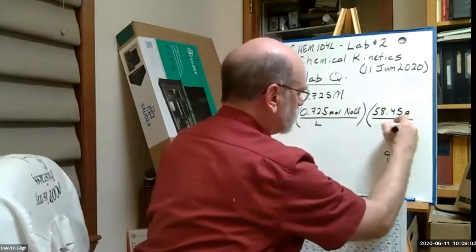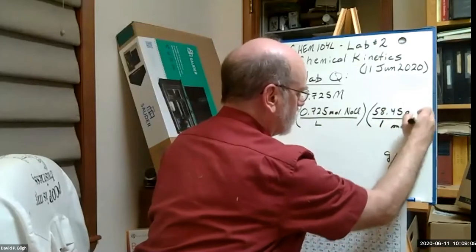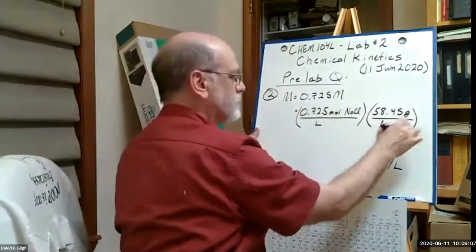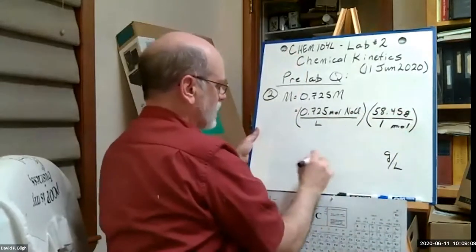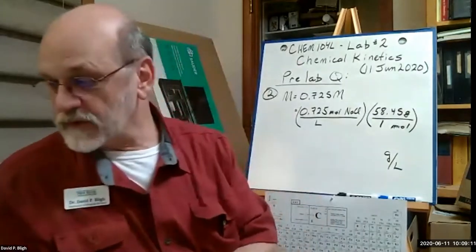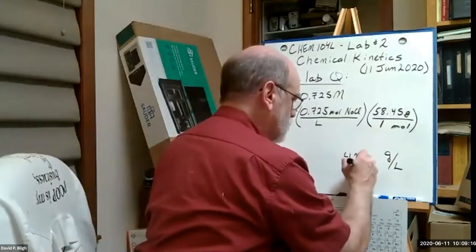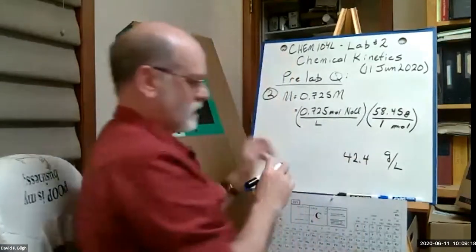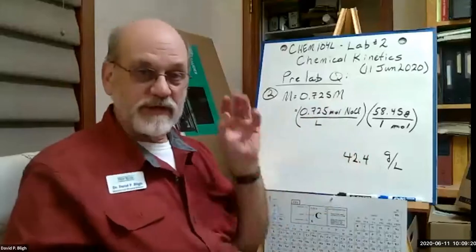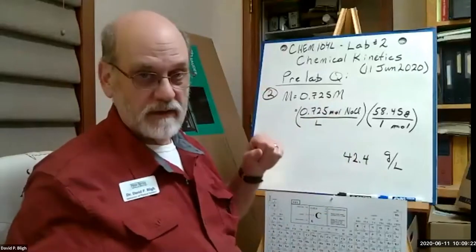And then moles on the bottom, per mole. There we go. So moles cancel, grams per liter. And that equals 42.4 grams per liter to give you the same concentration as the bleach.